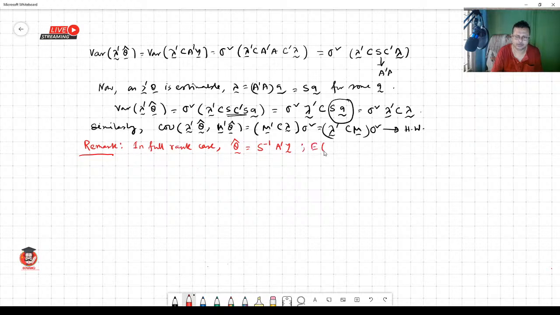So expectation of theta curl hat is equal to S inverse A prime A theta curl, which is equal to theta curl, because S is A prime A. So in that case theta curl hat is an unbiased estimator of theta, and dispersion of theta curl hat is equal to sigma square S inverse. Check it.